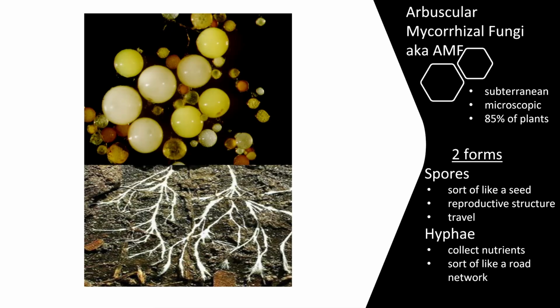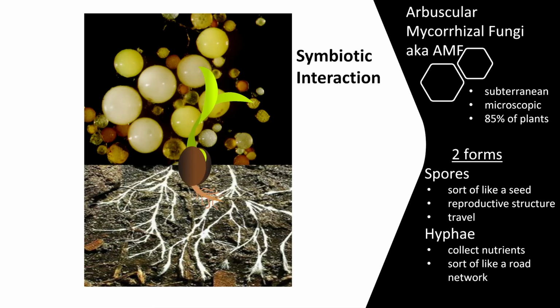Plants and these AMF interact with each other in a symbiotic way, meaning both partners are getting something out of it. This mutualism, or symbiotic interaction, begins when a plant seed germinates in the soil and the little plant rootlets interact with that hyphal network. The fungi actually grow inside the plant roots. Essentially, the plants are feeding these fungi carbon.